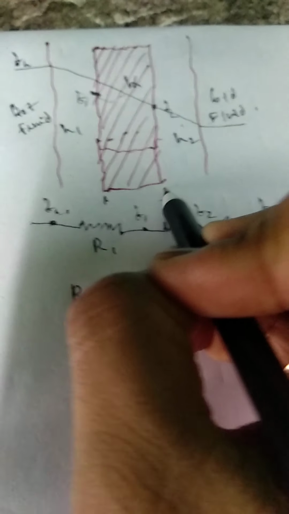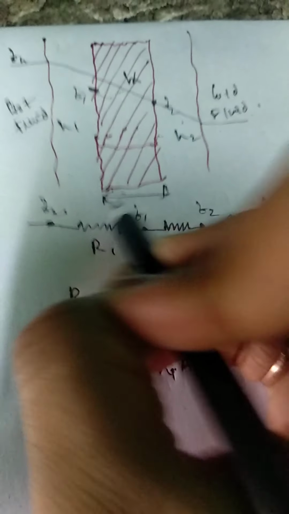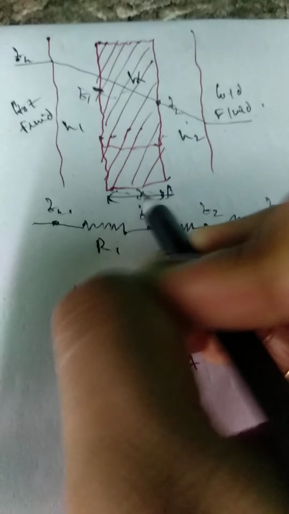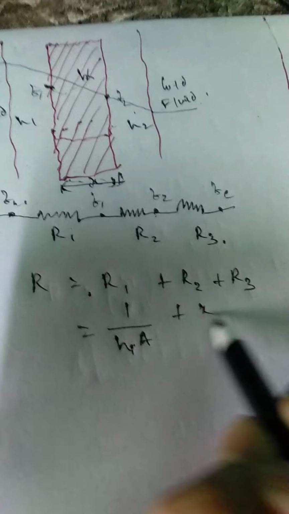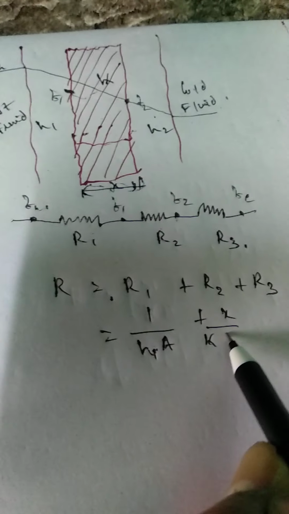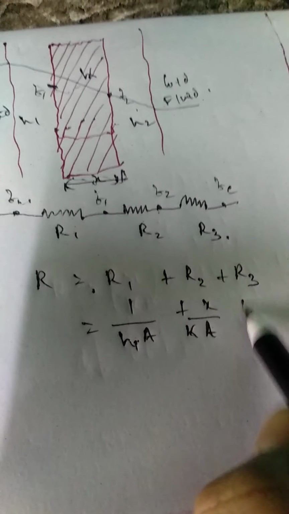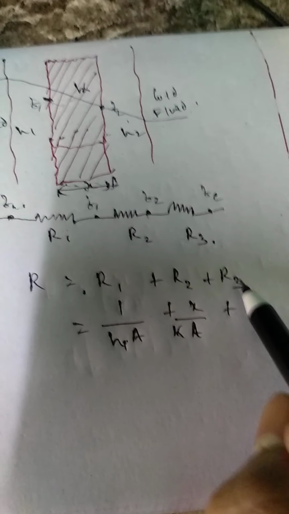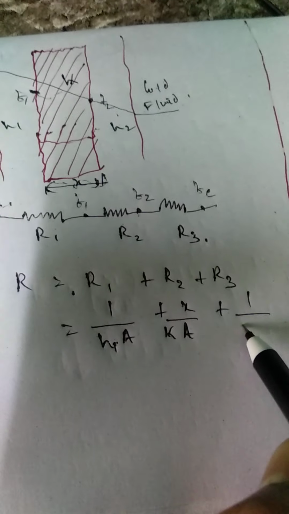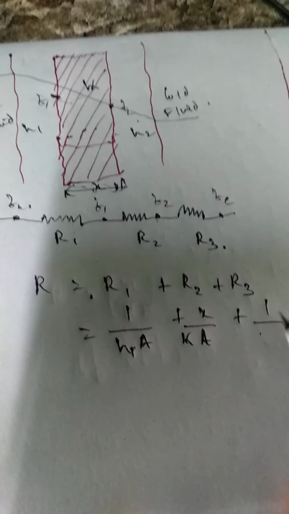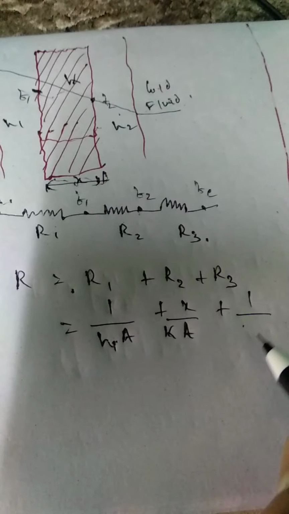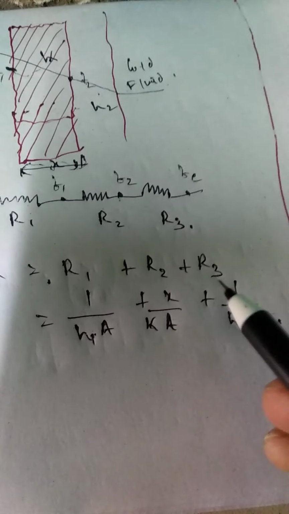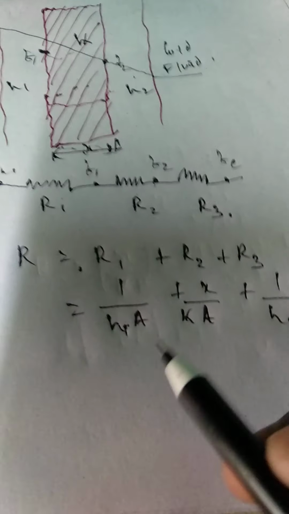This wall has a thickness of, suppose, x, so R2 will be x by K. And R3, for this cold fluid, will be 1 by H2A. So this will be the overall thermal resistance of the circuit.